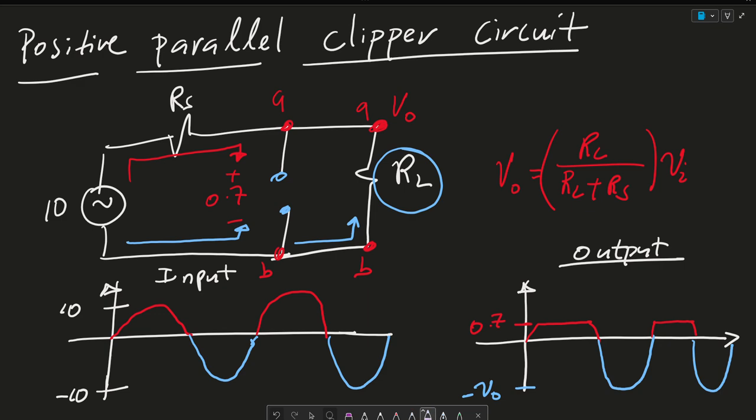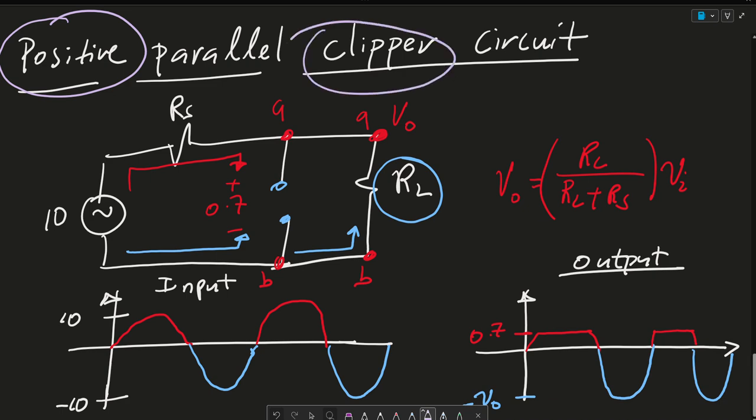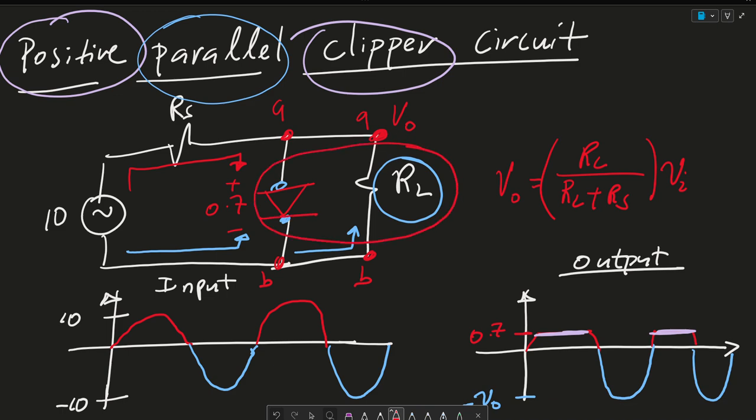Again, it's a positive clipper because it gets shunted at the positive side of the waveform, and it's in parallel with the diode. If we redraw it, these two are in parallel.